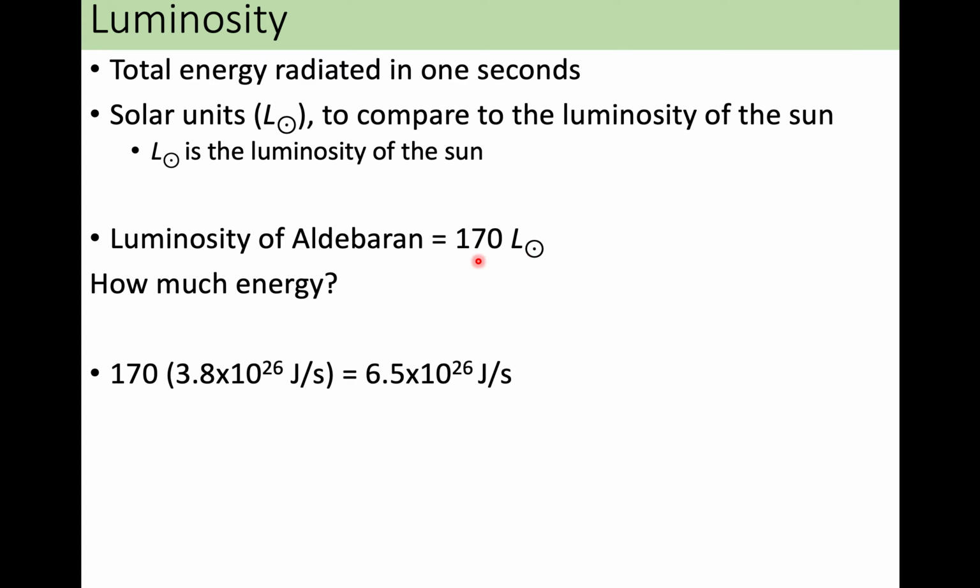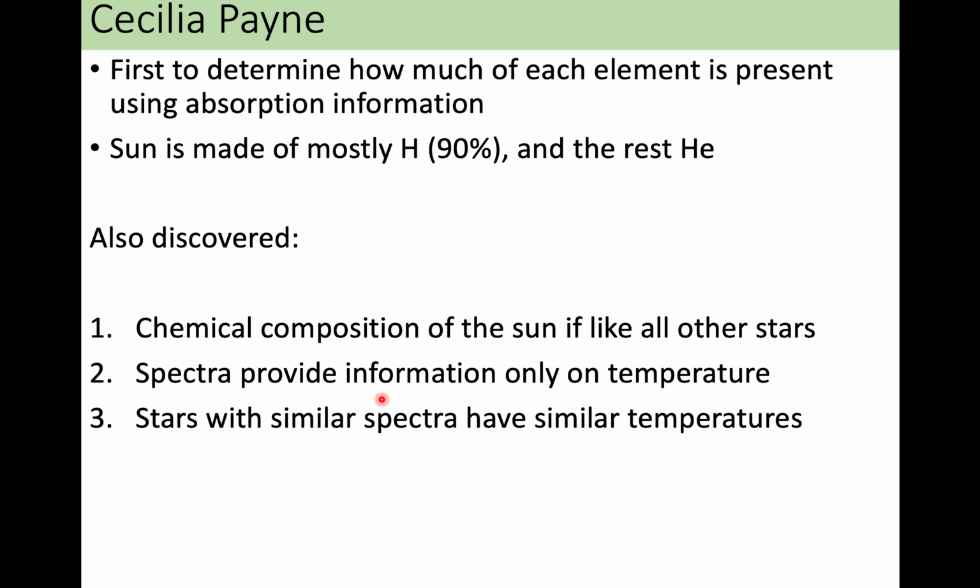So we can easily then calculate, which again we're not going to have to do in this class, these calculations, but we can calculate how much actual energy that would be using the energy value there for the solar units times the 170, and you get the actual energy that's outputted by this star. 170 times brighter than our sun.